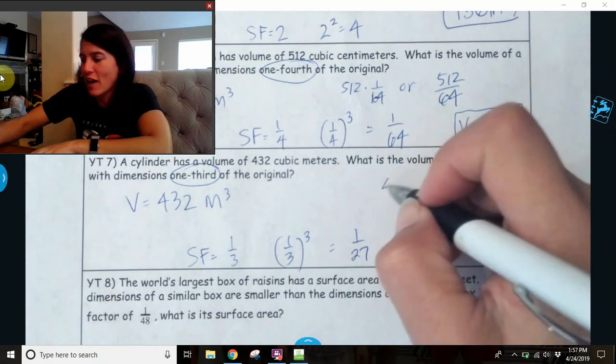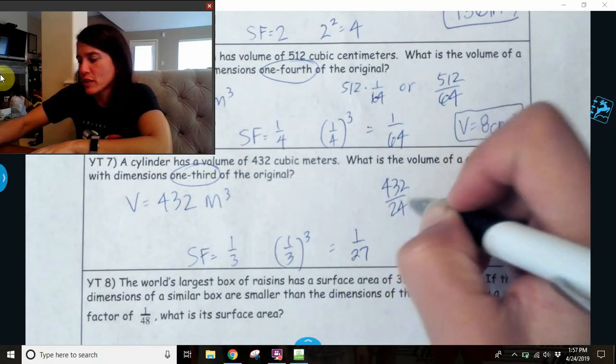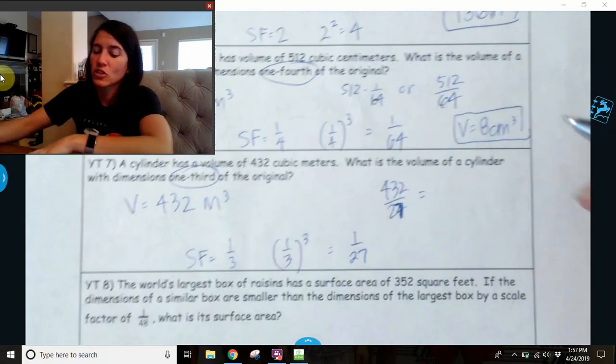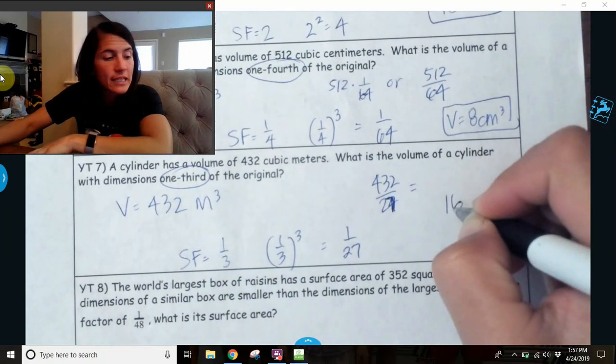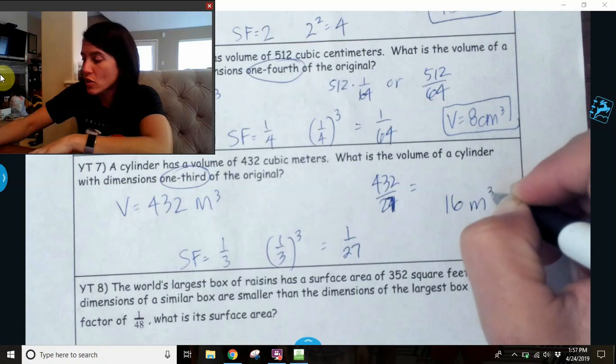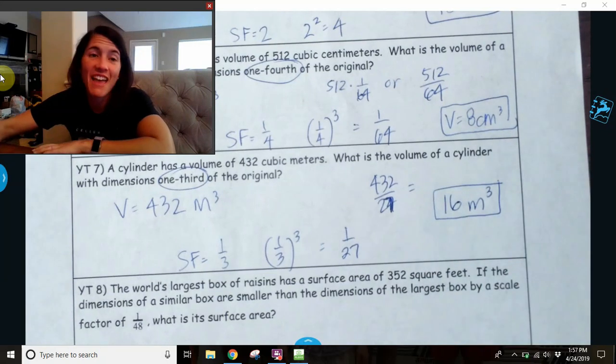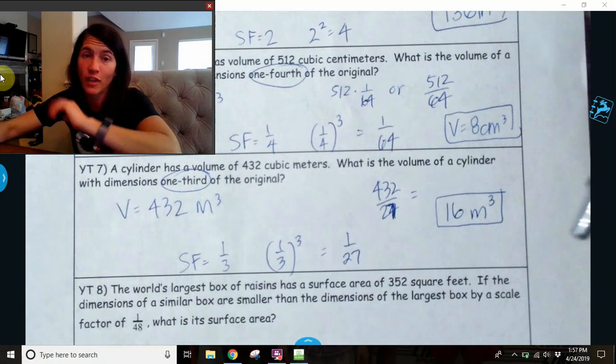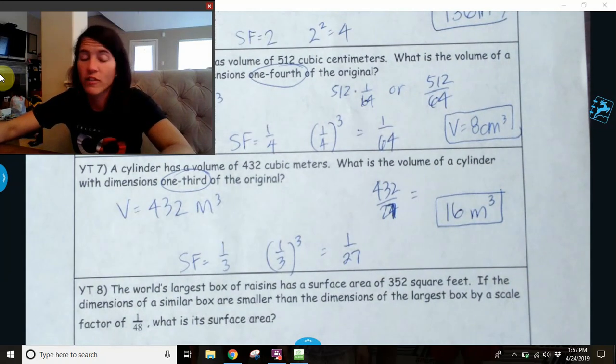And I just like to divide. 432 divided by 27. I guess I could just look because we just did this one. 16 meters cubed. That is the volume of the new cylinder that is 1/3 the size of the other cylinder.